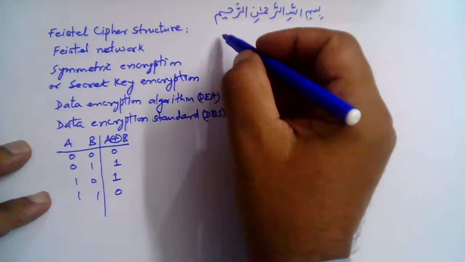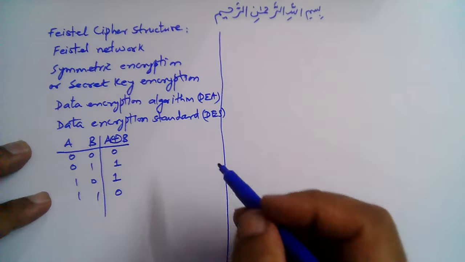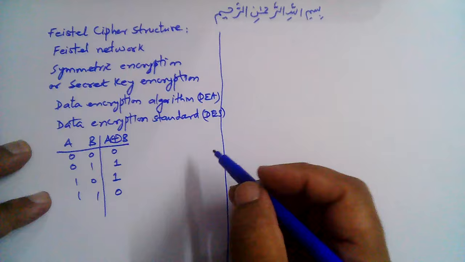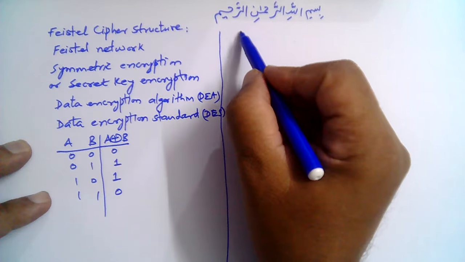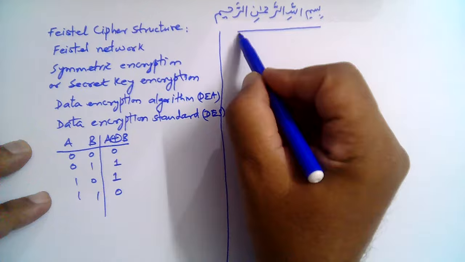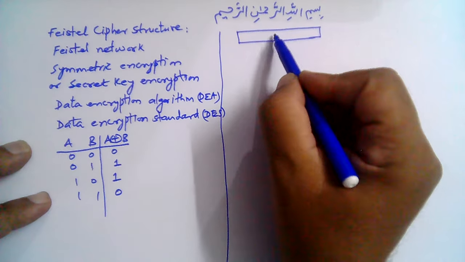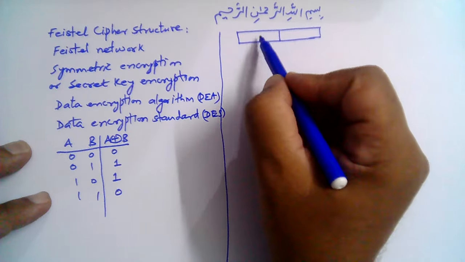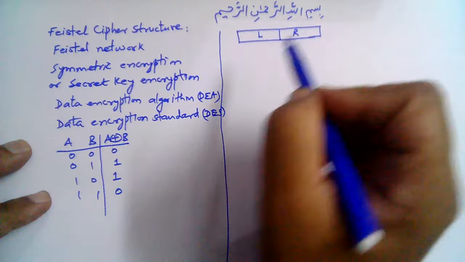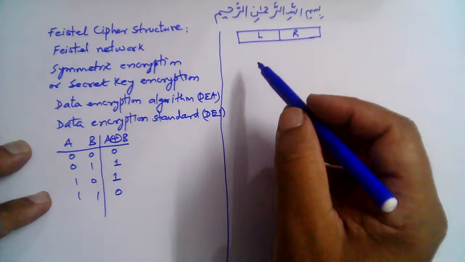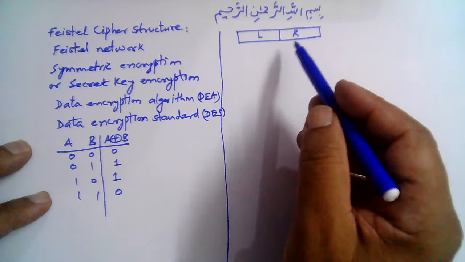Now let's describe this structure. If we are given a plain text, it is represented like this. Then the plain text is divided into two halves, the left half and the right half. In the Feistel cipher structure, the plain text goes through a number of rounds.